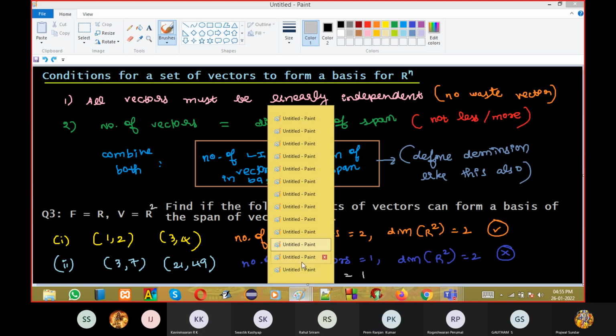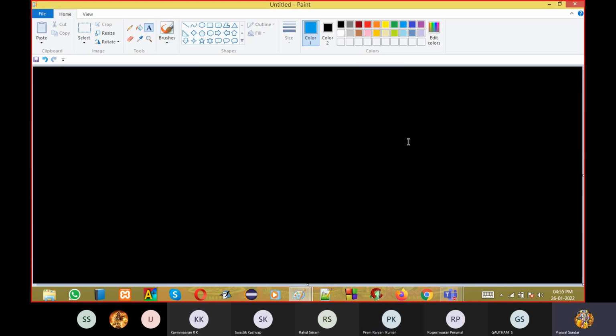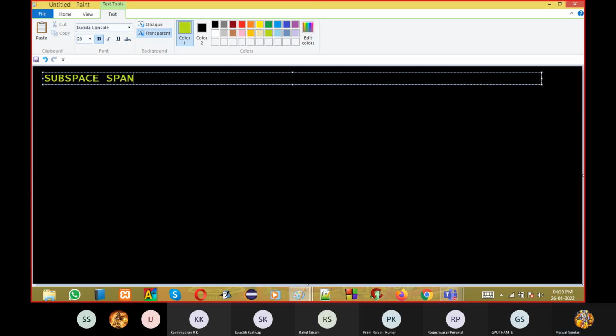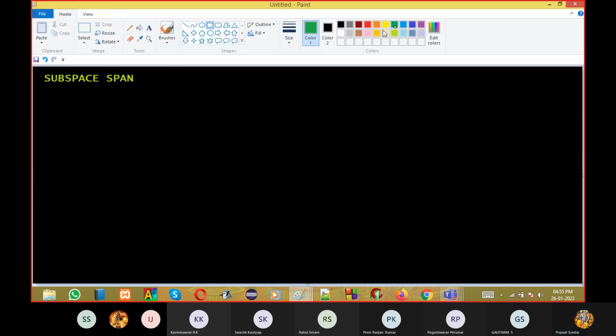Okay. So the last topic, 20 minutes it will take. We'll see what subspace span is. Suppose I'm giving you the field as real numbers, and the vector space R cube.